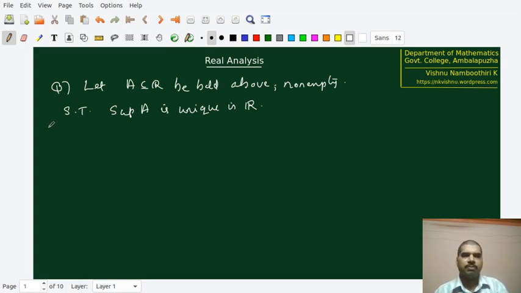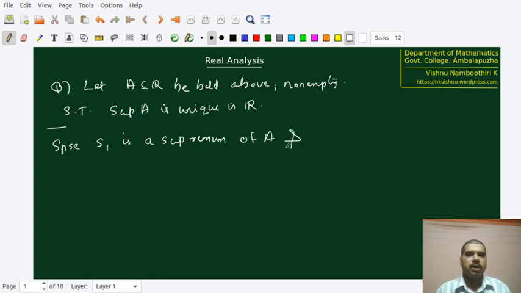Suppose S1 is a supremum of A and S2 is also a supremum of A.